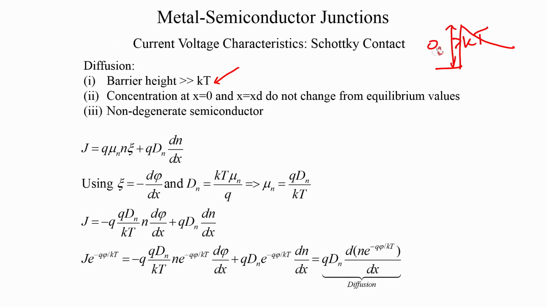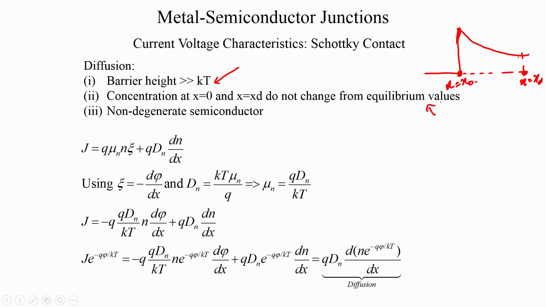The second assumption that we will make is that even though we are applying a voltage and taking the device out of equilibrium, yet the carrier concentrations at these two nodes, that is x equal to 0 and x equal to xd, have their equilibrium values, okay. That is the second assumption that we will make. They have not changed too much, we are just slightly out of equilibrium, okay.